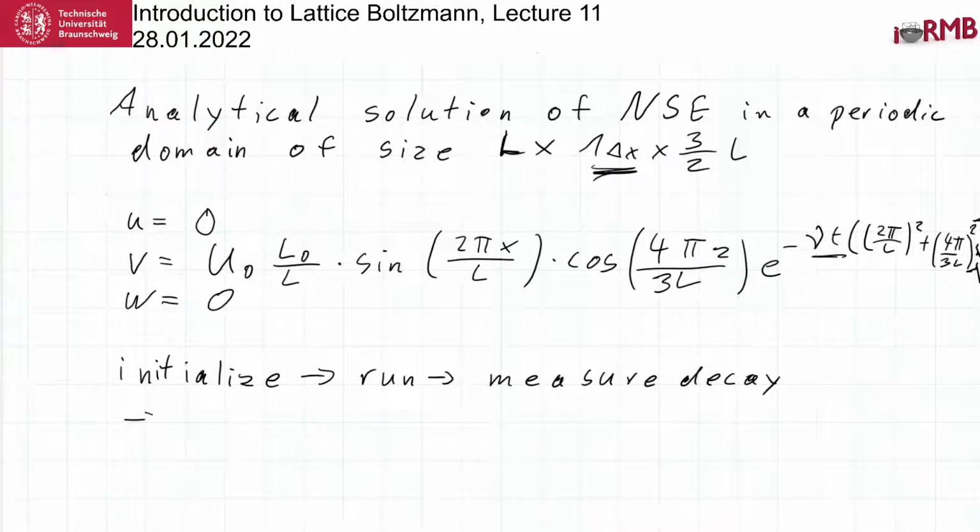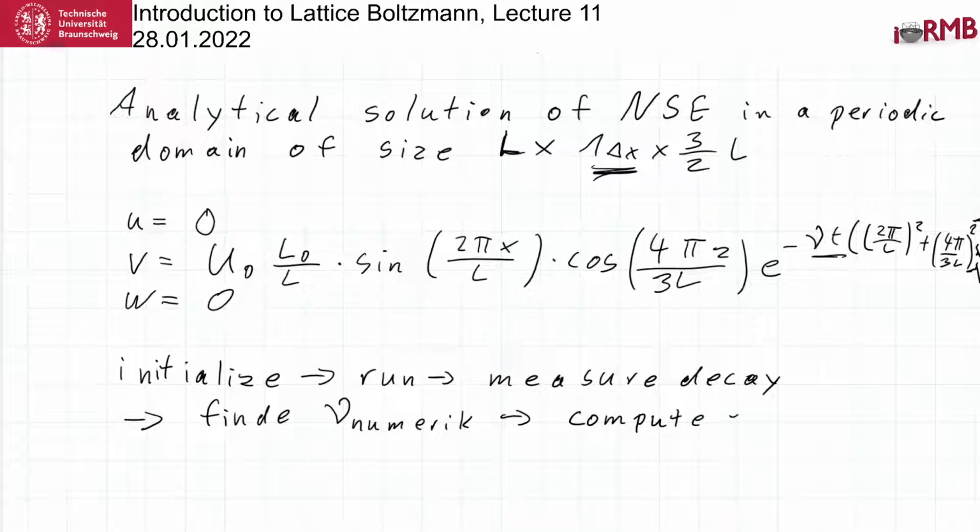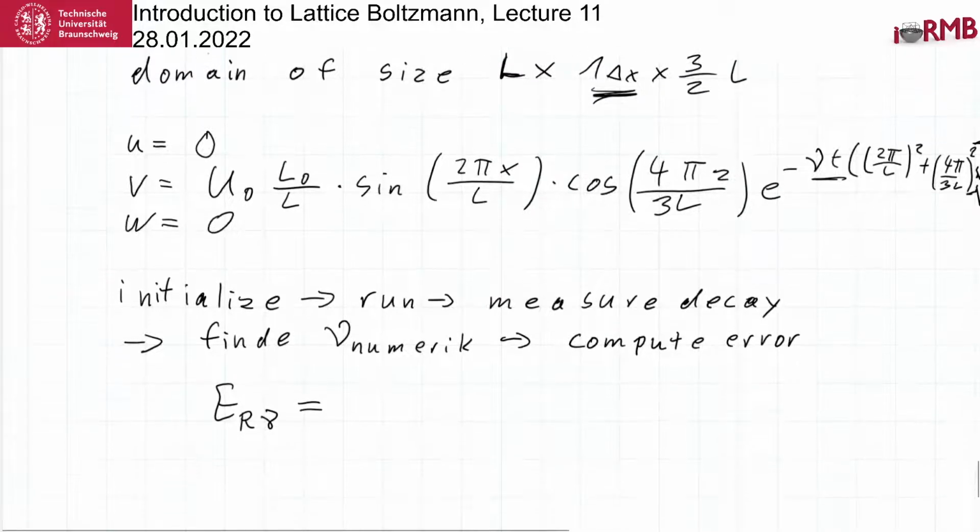So this means you find the numerical value of the viscosity from how much the wave has decayed, and then you compute the error, and we call this the error in viscosity, error nu, the residuum of nu.